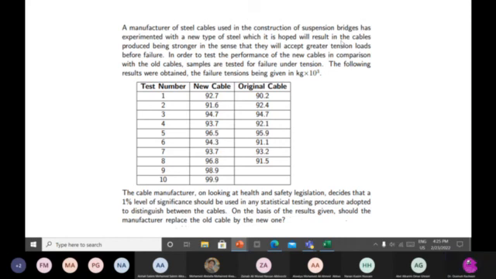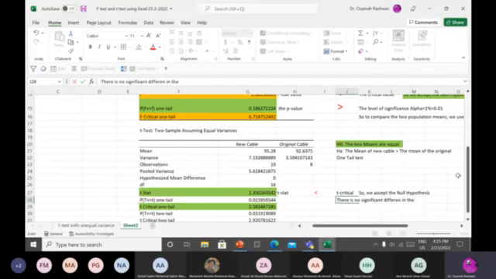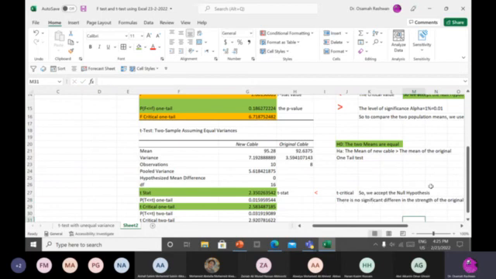Or in the strength, I can say, okay, in the strength of the original cable and the new one. Fine, fine. So I answered the question.